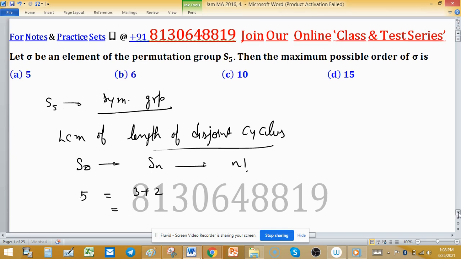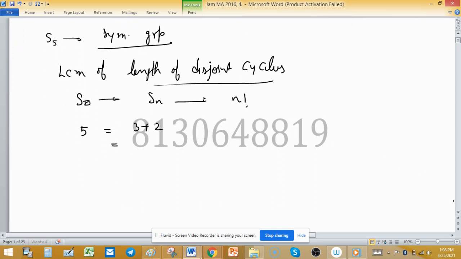We do this because disjoint cycles have combinations of lengths summing to 5. Suppose this is a 3-length cycle and this is a 2-length cycle, so the LCM of 3 and 2 is 6.